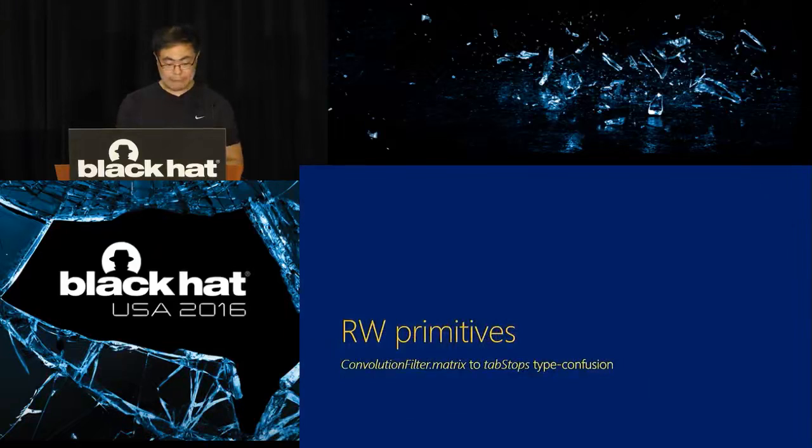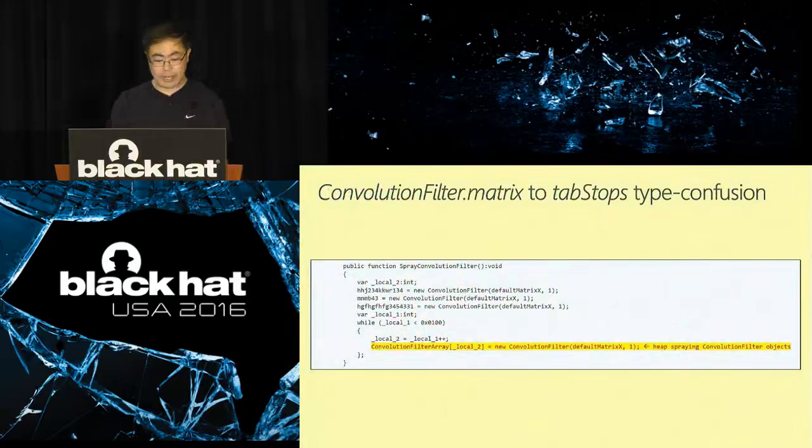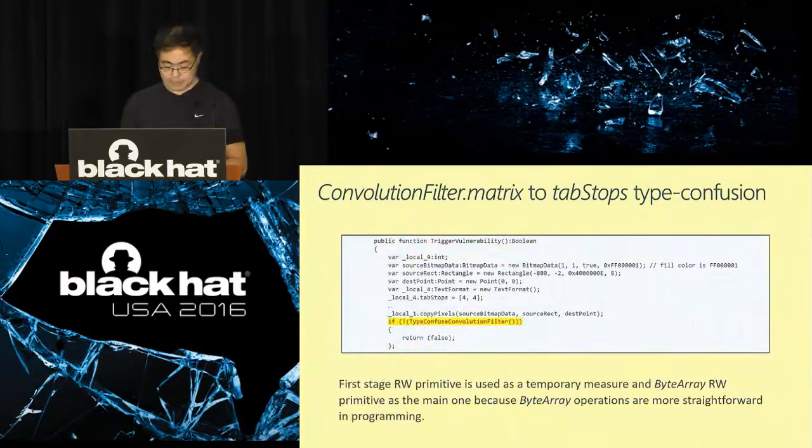The next one is a kind of tricky one, the convolution filter matrix type confusion. We just saw this once, and it uses a specific matrix array that induces the confusion.